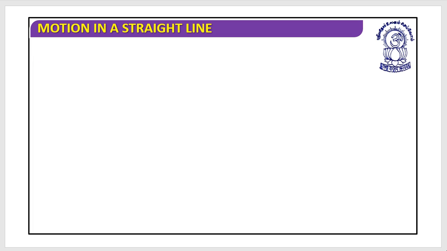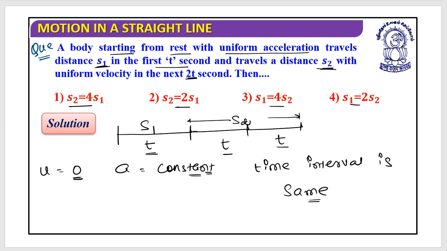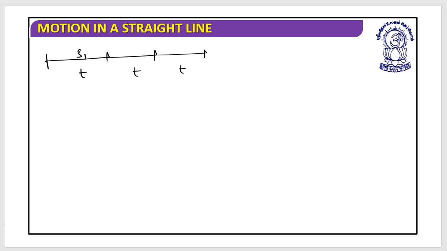So this is the situation: this is t, this is t, this is t. The first part is s1, and then the rest is s2. The distances traveled are in the ratio 1 : 3 : 5 : 7 : 9 and onwards.